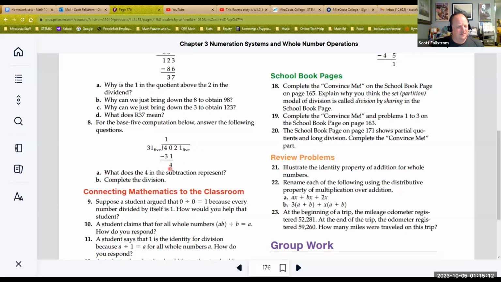So this 4 is not really just the number 4 in base 5. Look at the place value. This is 4 groups of 25. And then when I bring these two down, this would be two more groups of 5. Okay.